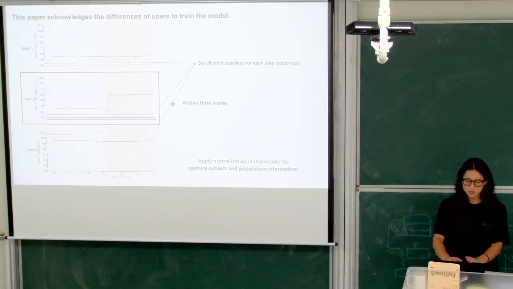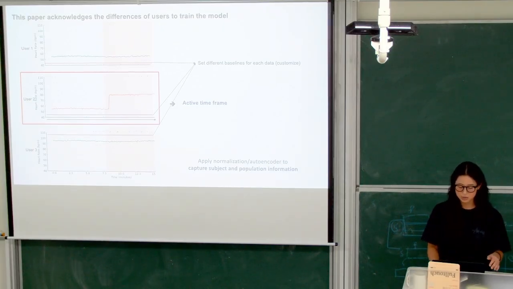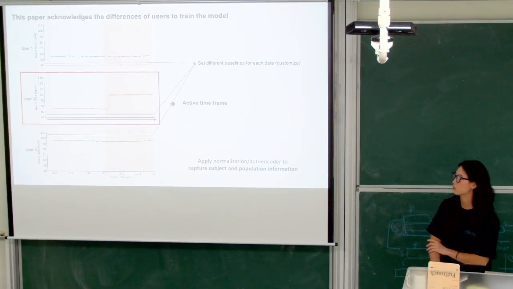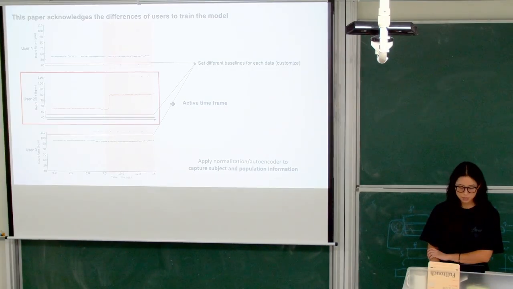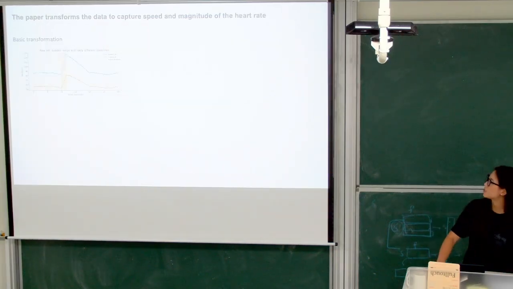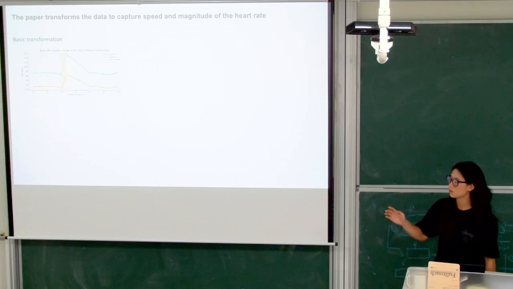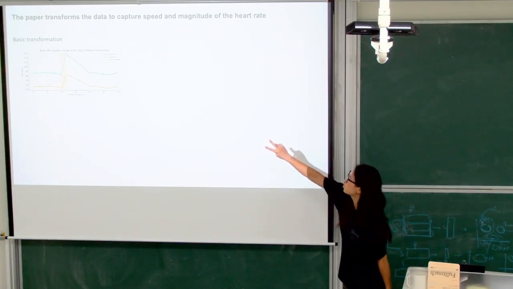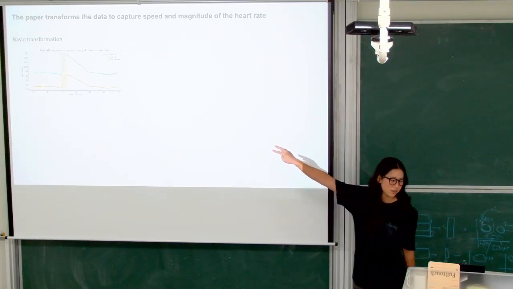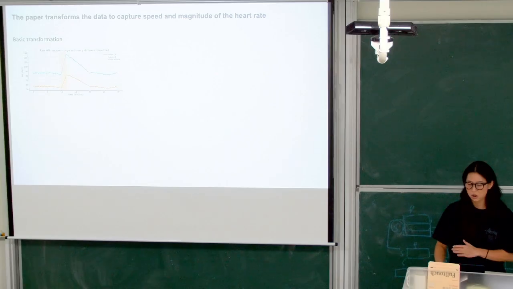This paper generally uses normalization and an autoencoder to capture the subject and population information. Let's start with the basic raw heart rate data, which will look like this, and it has two people's heart rates right now. First, it transforms the heart rate data.